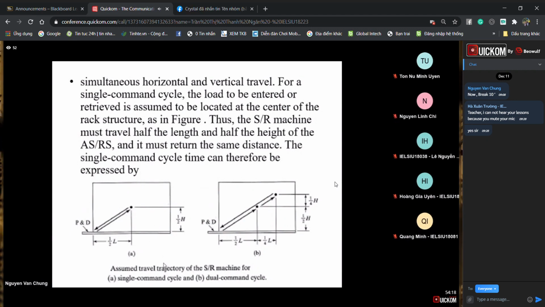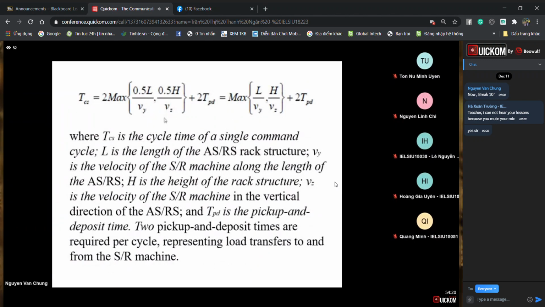Here you have T_SC, the cycle time of the single command.